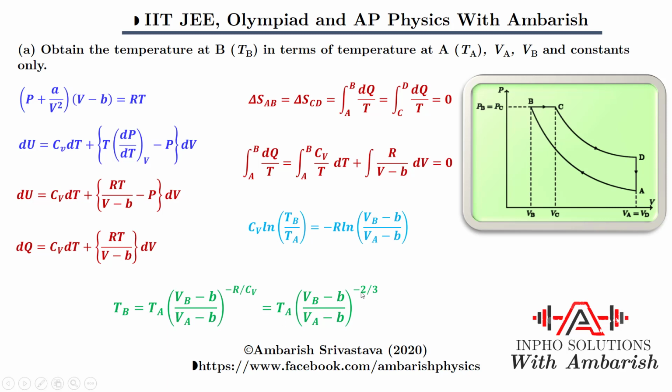So that's your temperature at B. This is what we were supposed to find. So I hope the temperature at B part is very clear, and we'll be using this expression in our next part, because there we have to evaluate the temperature at C, but it turns out that to evaluate the temperature at C, we need to evaluate some other parameters, temperature at B, pressure at B, etc. So let's look at the next part.